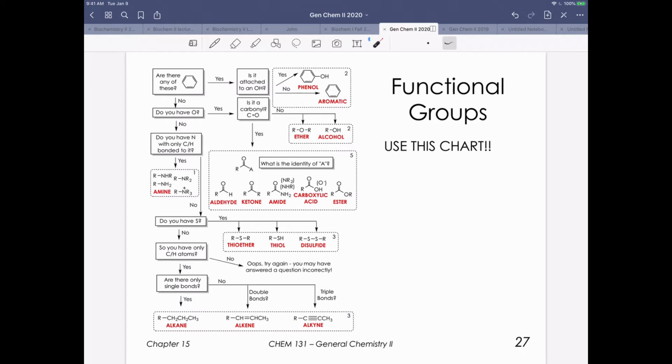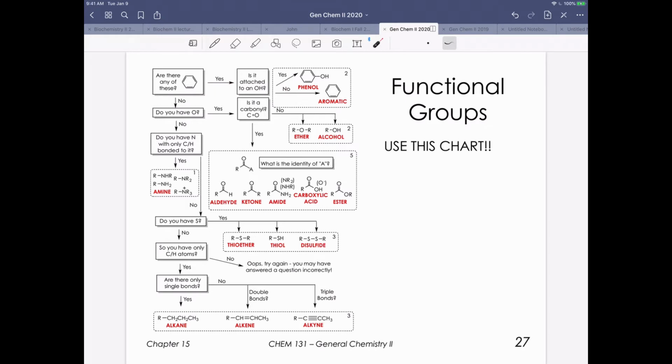Now keep in mind, you might have more than one functional group present in your molecule. So you're always going to start with this decision tree by looking at this first left-hand corner up here. When you're looking at this first left-hand corner, you're going to be asking, are there any of these structures in your molecule? If there aren't, then you continue down this path. If there are, you're going to move this way.